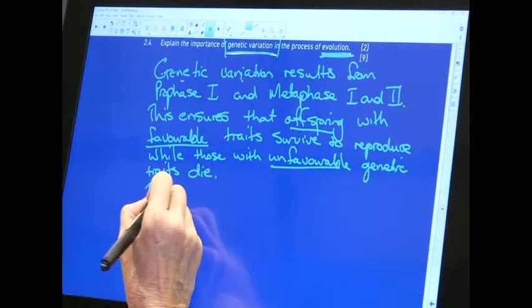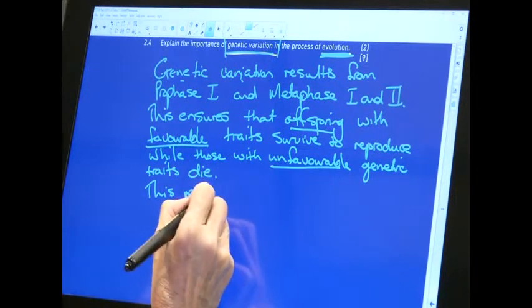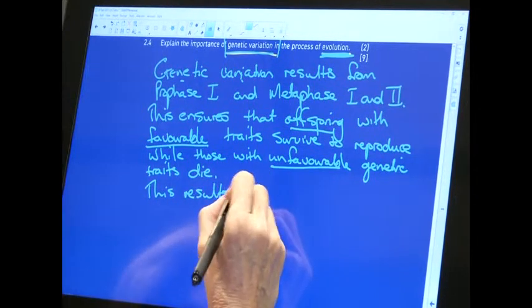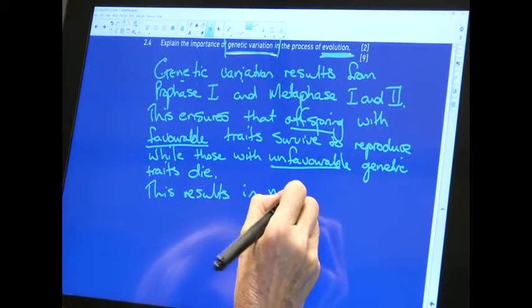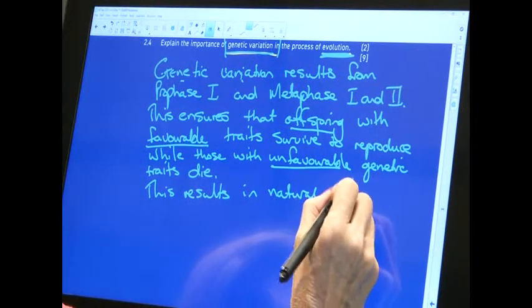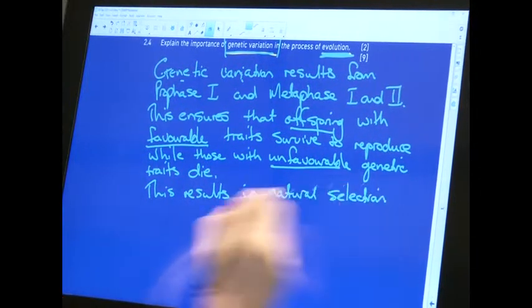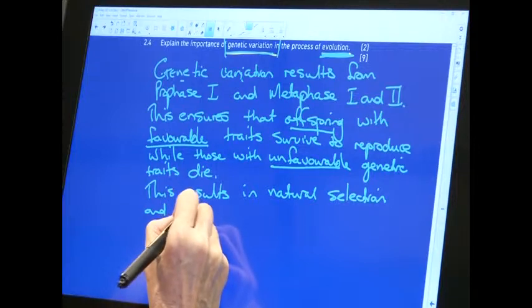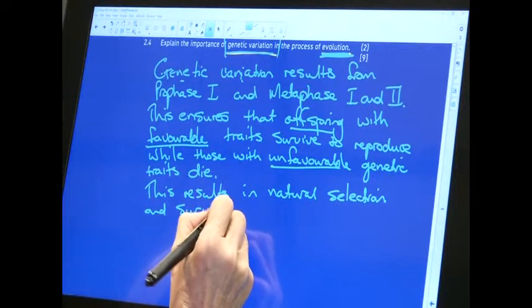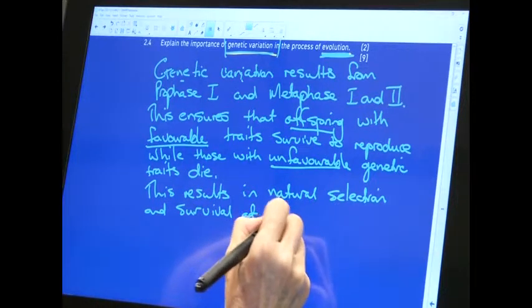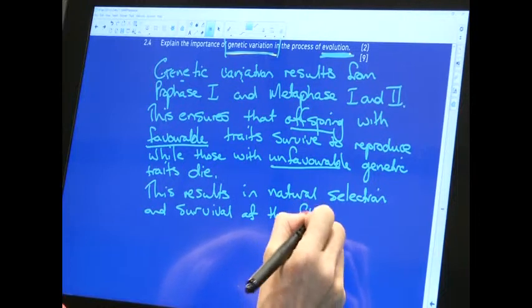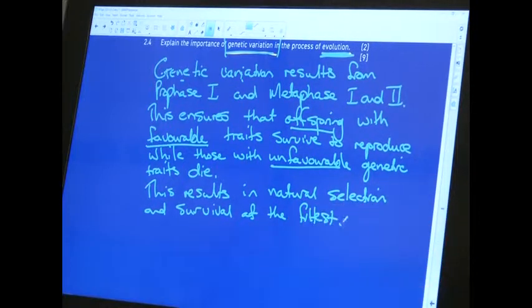Okay, this results in natural selection and survival of the fittest. I mean, how easy is that? So you've got to remember genetic variation.